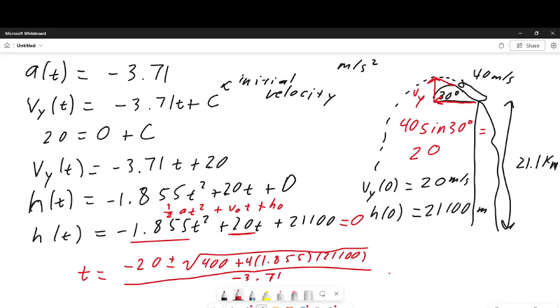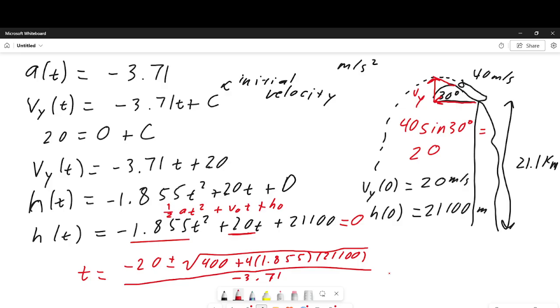Now let's type this into a calculator. So we get the square root of 400 plus 4 times 1.855 times 21100. Square root, store that as x.